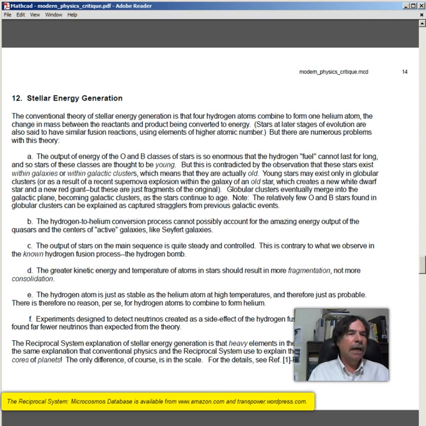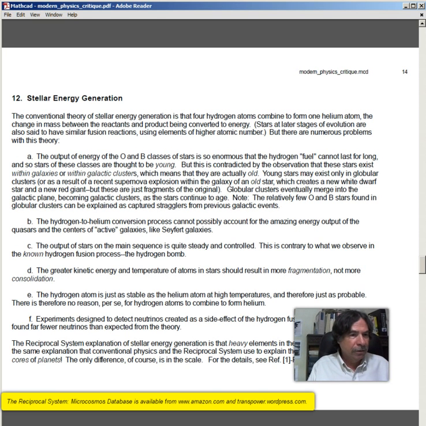A. The output energy of the O and B classes of stars is so enormous that the hydrogen fuel cannot last for long. And so stars of these classes are thought to be young. But this is contradicted by the observation that these stars exist within galaxies or within galactic clusters, which means that they are actually old.